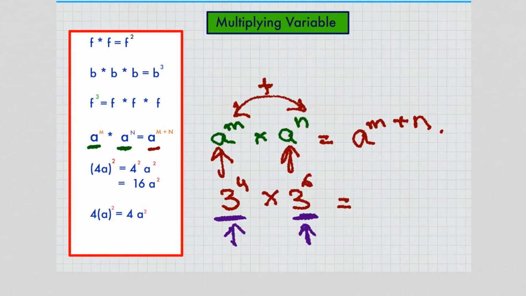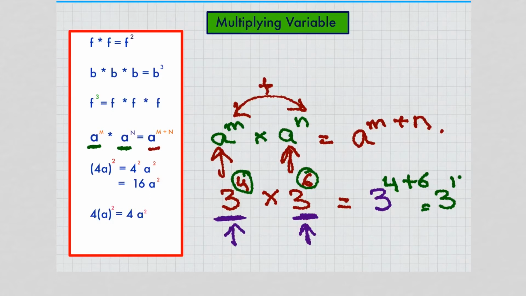What we can do is write 3 there, and then the next step, the most important step, 4 and 6, we can add them together. 4 plus 6, it would be 3 to the power 10 according to the above formula. So if both of the terms are the same, it can be a number or a letter, then you can add the powers together. 4 plus 6 equals 3 to the power 10.